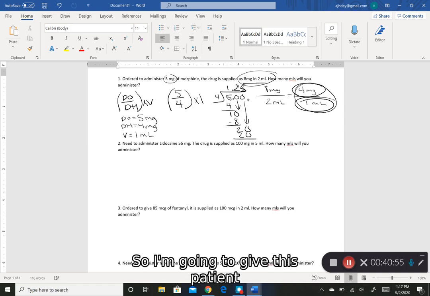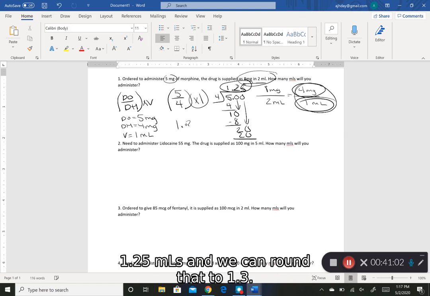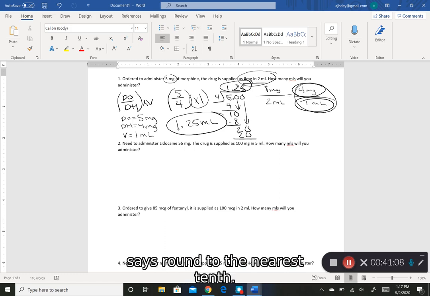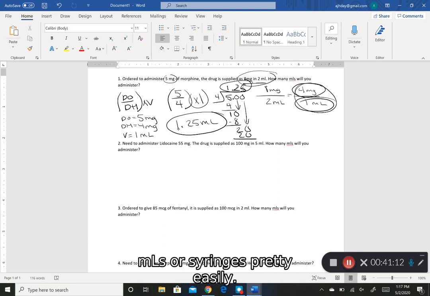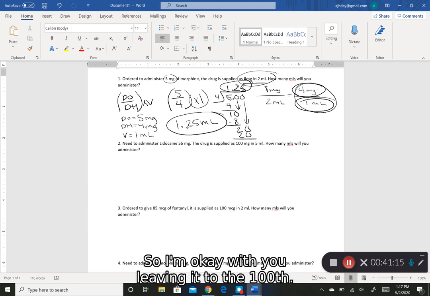So I'm going to give this patient, and then we multiply it by 1, but we know that's just itself. So I'm going to give this patient 1.25 mLs. And we can round that to 1.3. I know the test says round to the nearest tenth, but with medications, really, we can draw up 1.25 mLs in our syringes pretty easily, so I'm okay with you leaving it to the 100th.